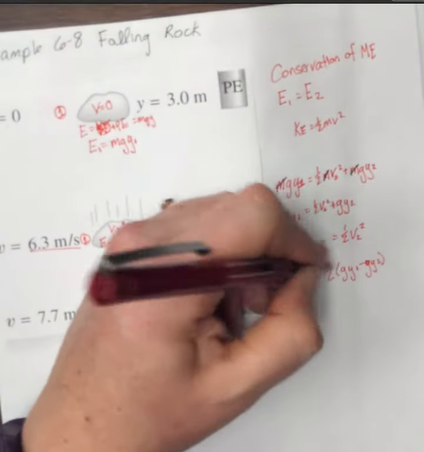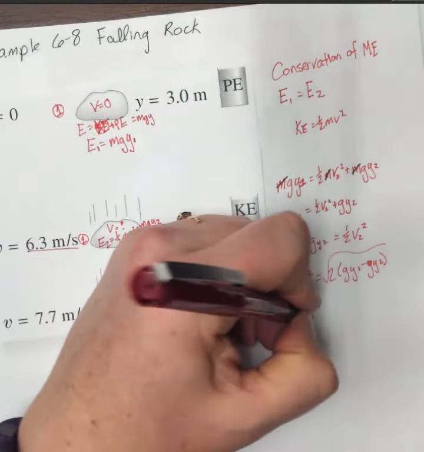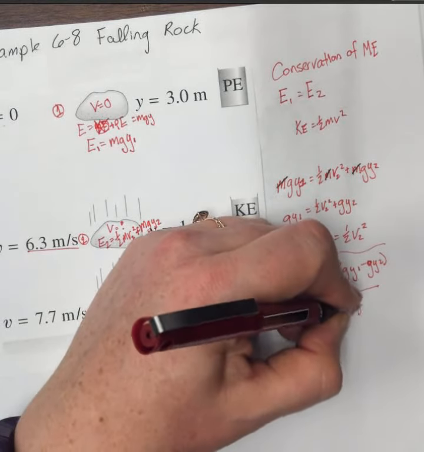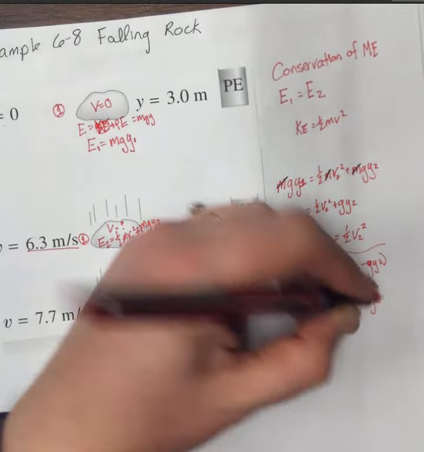Square root of both sides, and I get that the velocity is going to be equal to the square root of 2g(y1 minus y2). Just cleaned it up a little bit.